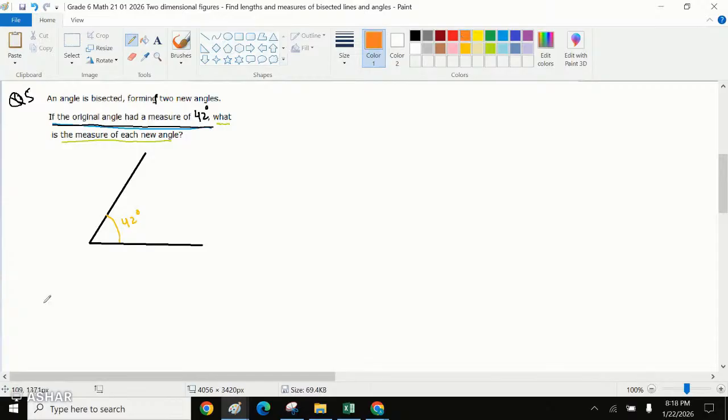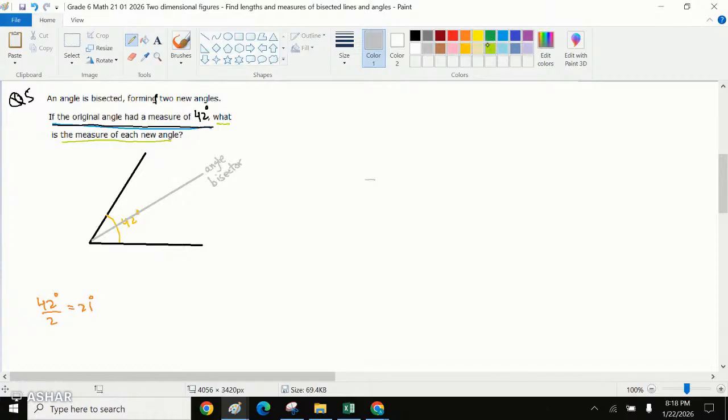So we know that we can divide 42 by 2. 2 times 2 is 4, right? That means when we bisect the angle, this is an angle bisector. That means it breaks the angle into two equal angles.